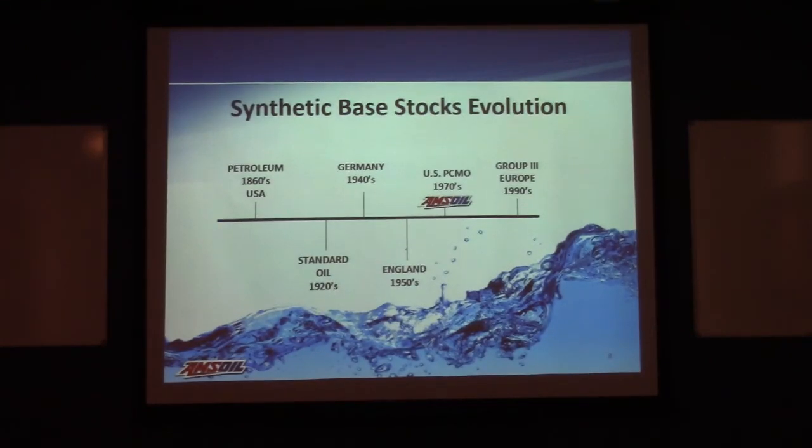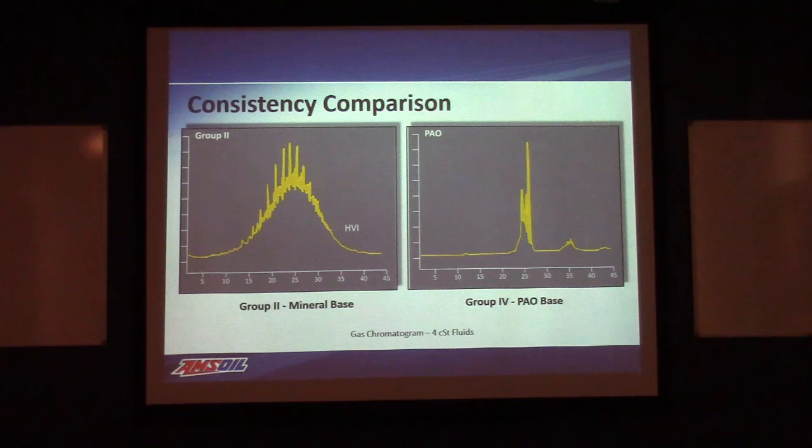Mobil did shortly after that. Now we're to the point where virtually all major lubricant manufacturers offer at least one line of synthetic oils along with their mineral oils. And that's expanding too. A lot of work was done in Europe in the 1990s on what they refer to as Group 3. And it continues to change and progress.